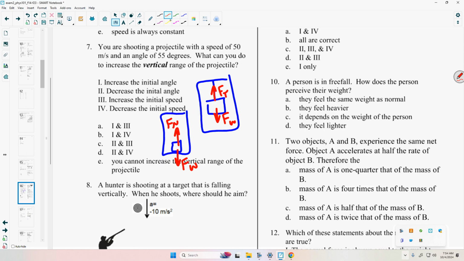Because we say that the sum of the forces, that's Fn minus Fw, is equal to m times a. And if a is positive, that means that Fn is equal to Fw plus ma. So if I'm accelerating upward, my normal force is bigger than my weight.